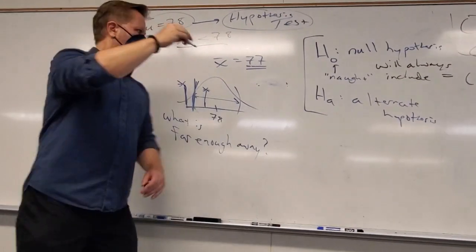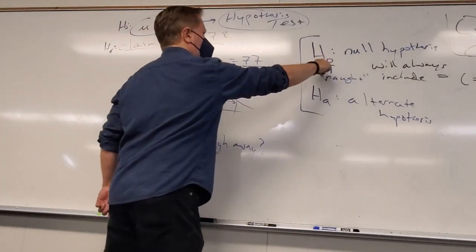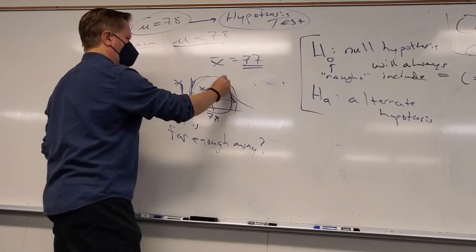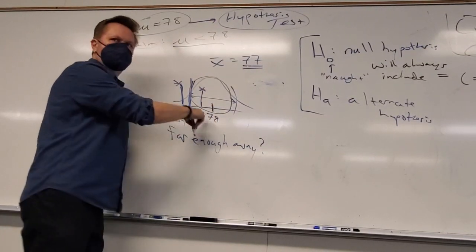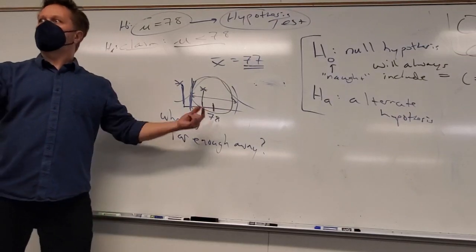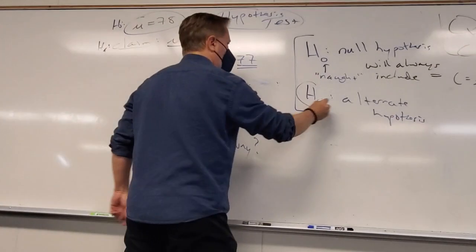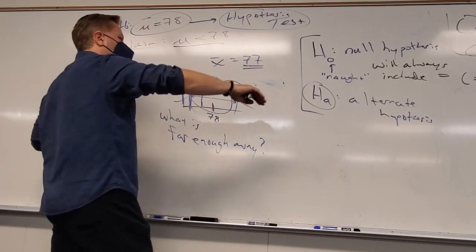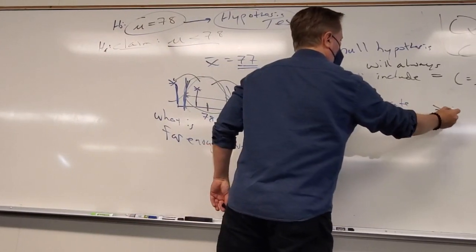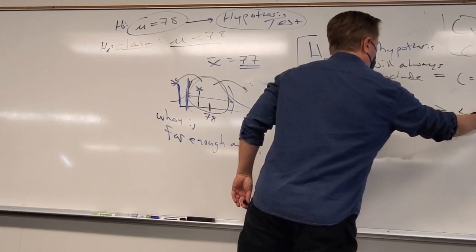And the reason is, I want that guy to be the stuck in the mud dude who thinks it's in here somewhere. So it's always got to include this number, the accepted mean. It's always got to include that. I want the other guy to be all about getting far enough away. I want him to have a greater than, a less than, or a not equal to.